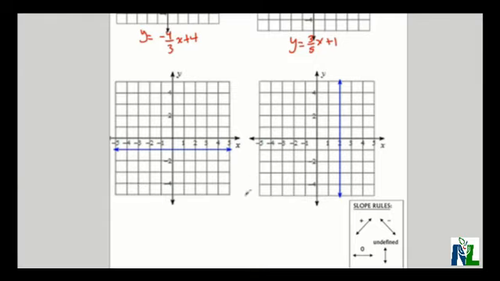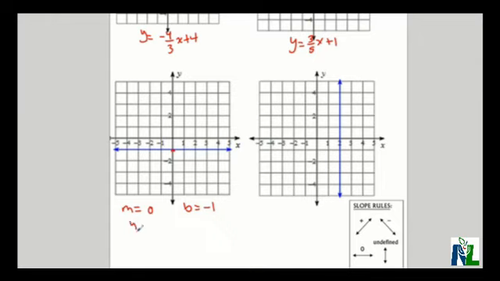Ooh, we have some tricky ones here. We have a horizontal line over here on the left, and we have a vertical line on the right. Our slope of a horizontal line, we know it's 0 since there is no rise. And the y-intercept here is going to be -1.